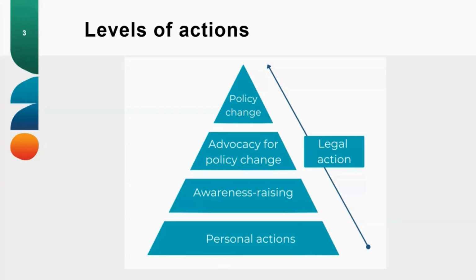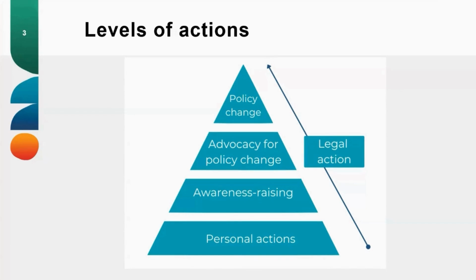You'll notice that legal actions appear along the side of the pyramid. Sometimes these actions can result in systemic change. The pyramid demonstrates how taking action at one level can support action taken at the level above it with the final goal of policy change.